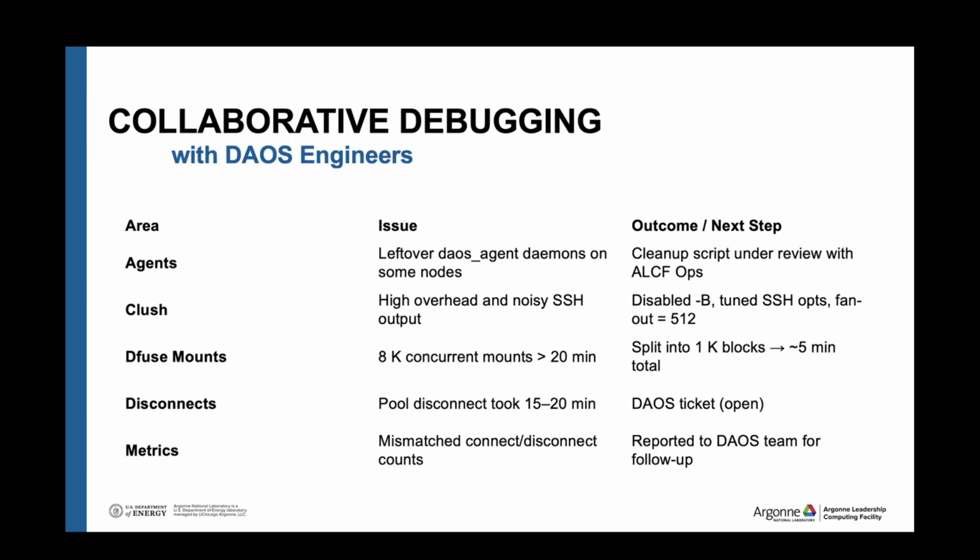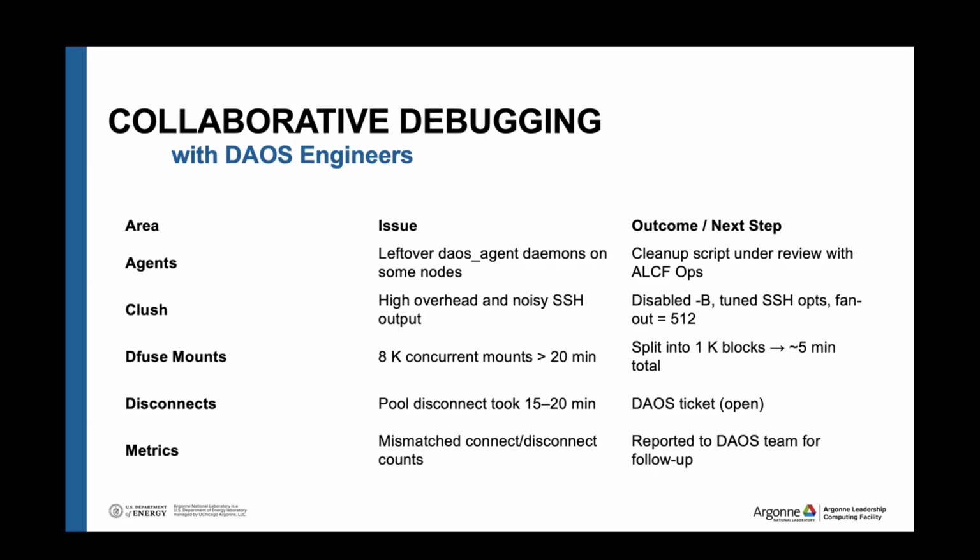When we do the dfuse mount, we use a system command called clush. Some of the ways that it's configured produced very noisy, very verbose output. Again, when you're doing things at the scale of 8,000 nodes, these things start to become very important. So we helped identify some optimizations to those scripts, and they have improved.